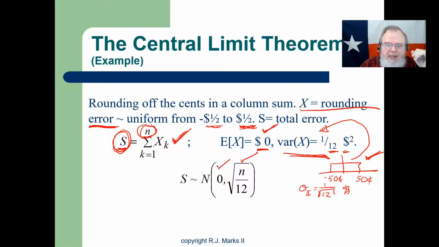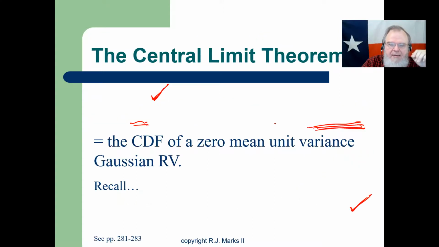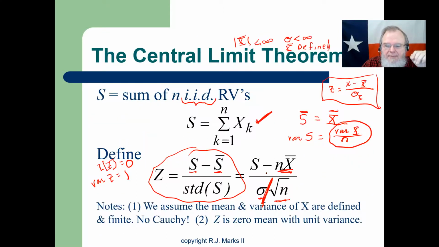So if the central limit theorem applies, it should have a mean of 0, and a variance of n over 12. I just remembered something, guys. It is times n because we're adding up the sum. The variance of S is equal to n times 1/12.